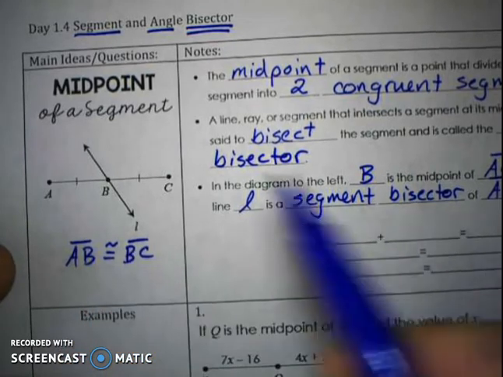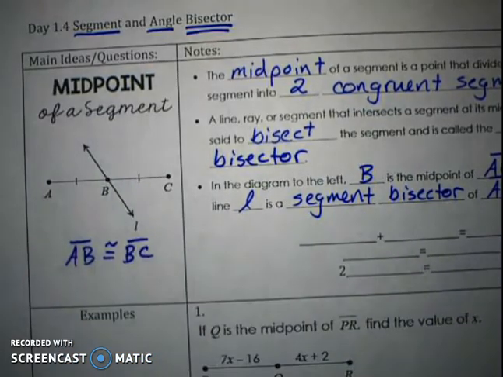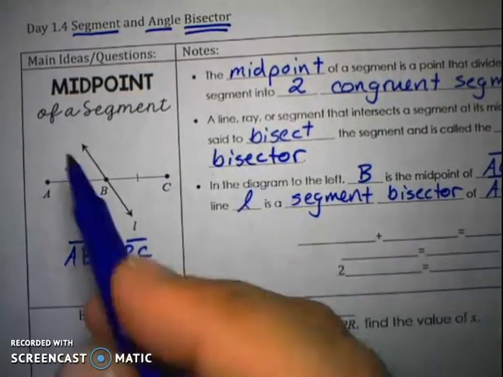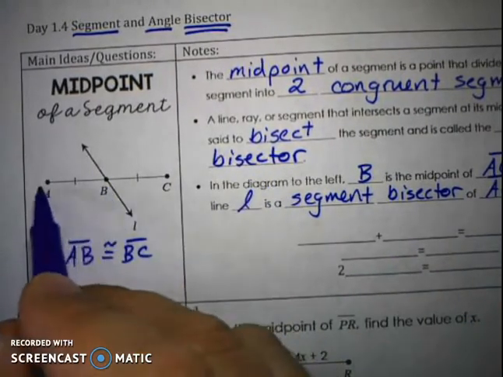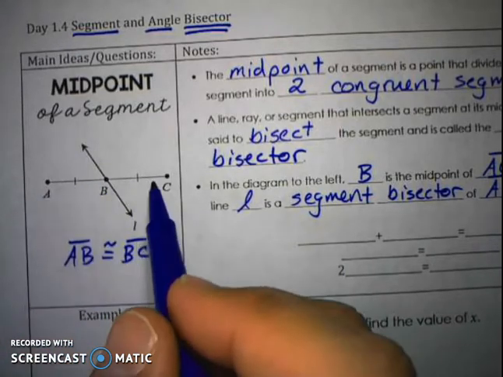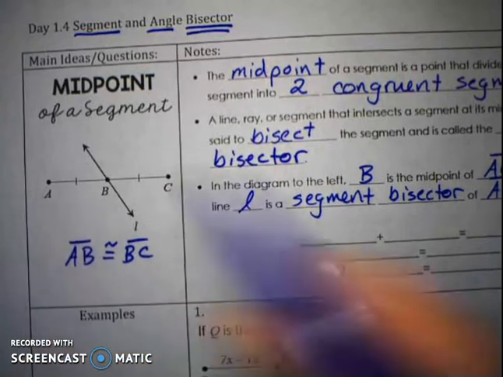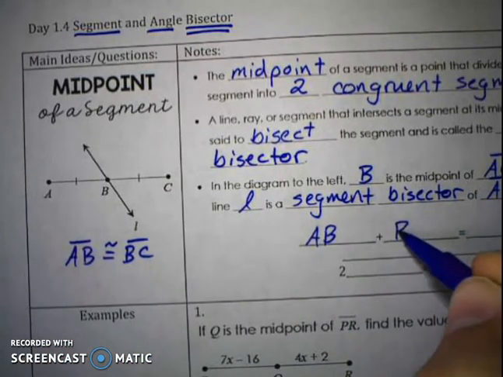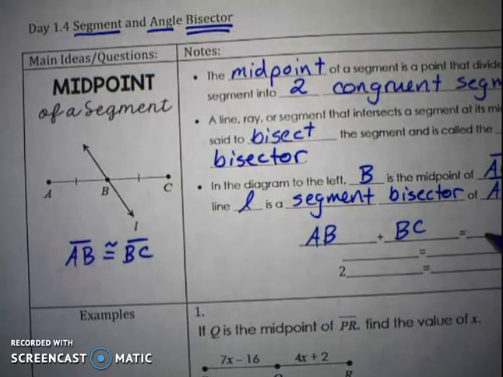But we could also talk about some other concepts here. From the last lesson, we talked about the segment addition postulate, and that anytime a point is not necessarily in the middle, but is between two other endpoints of a segment, we can get this kind of equation. We know that AB plus BC equals AC.